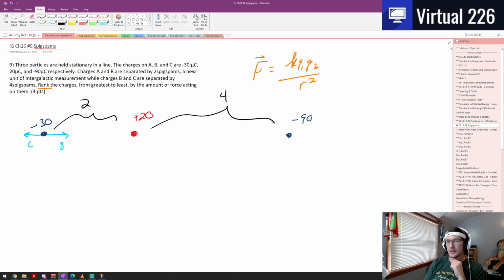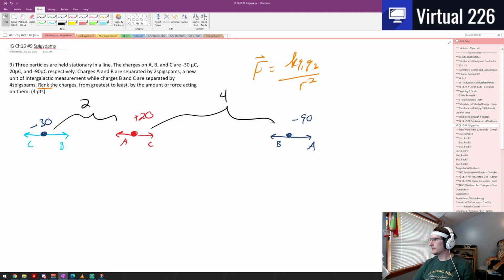If we look at this here, we are being pulled from the A, and we are being pulled from the C. And if we look at the last one, we are being pulled here from the B, and then we're being repelled from the A, right?